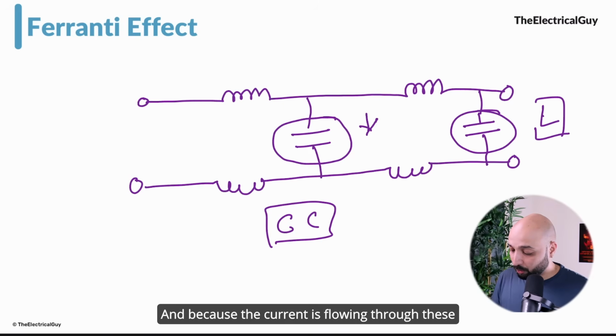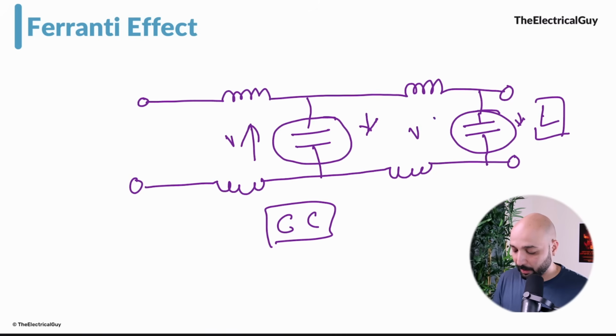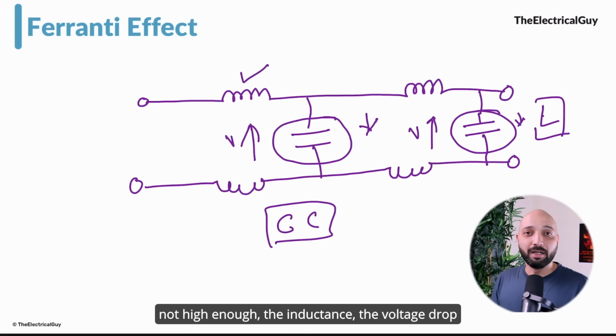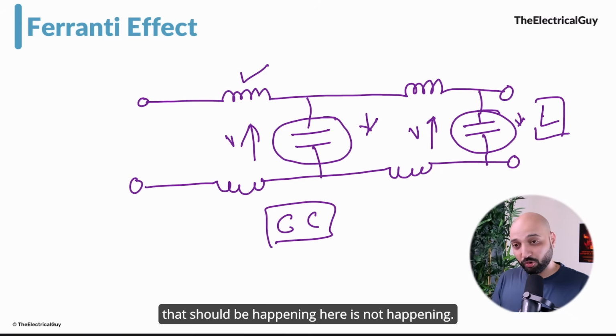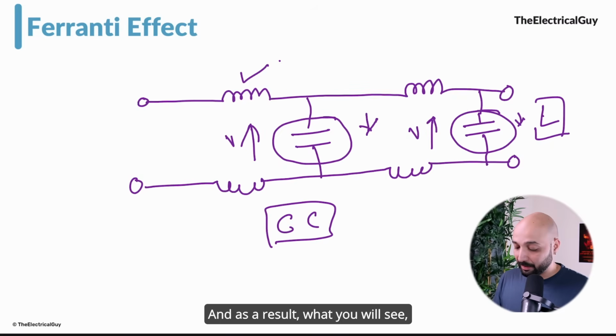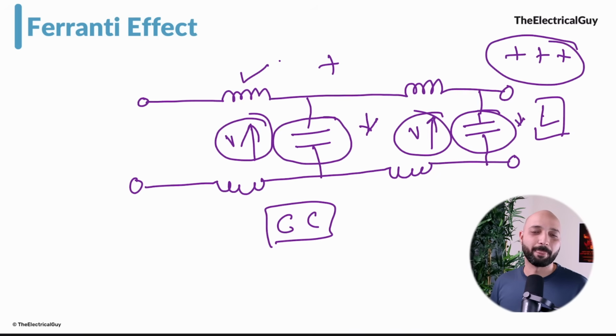And because the current is flowing through these capacitors, the capacitors will charge, so there will be a voltage rise happening here. But the problem is, since the current is not high enough, the voltage drop across the inductance that should be happening here is not happening. As a result, all this voltage rise adds up, and in the end we get additional voltage.